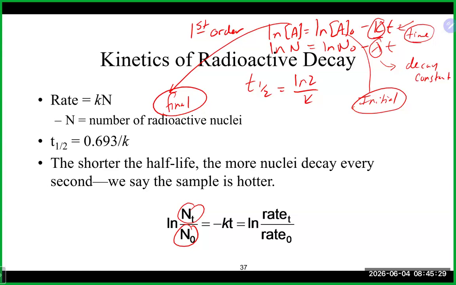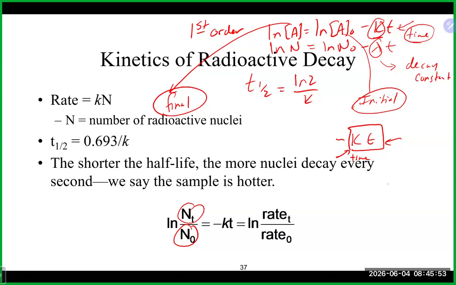Also, a couple important things that we've talked about previously in kinetics. This back part of this formula here, in terms of time, you do want to make sure that they are in the same units, right? So if one's in seconds, the other one needs to be in seconds. If one's in minutes, the other one needs to be in minutes, hours, years, whatever it may be.